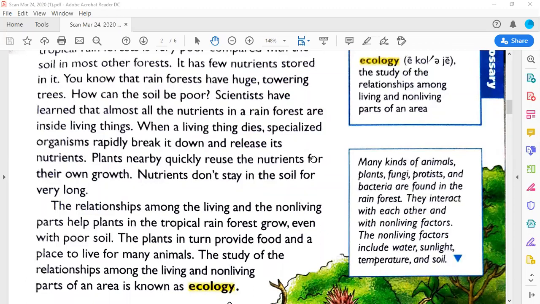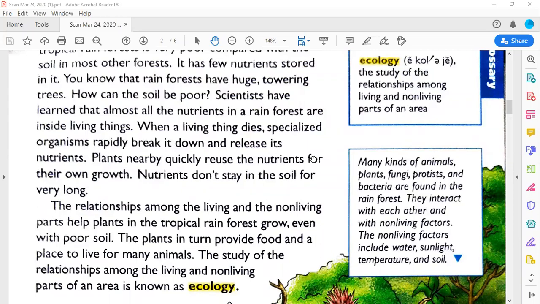And this happens with plants and animals as well. Once these organisms are broken down into nutrients, these nutrients provide other organisms with the nutrients of the dead animals or dead plants.